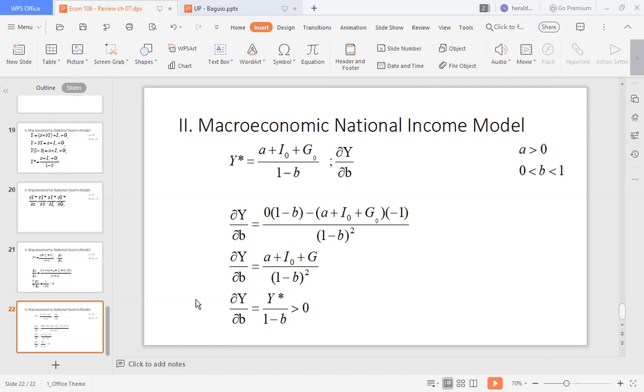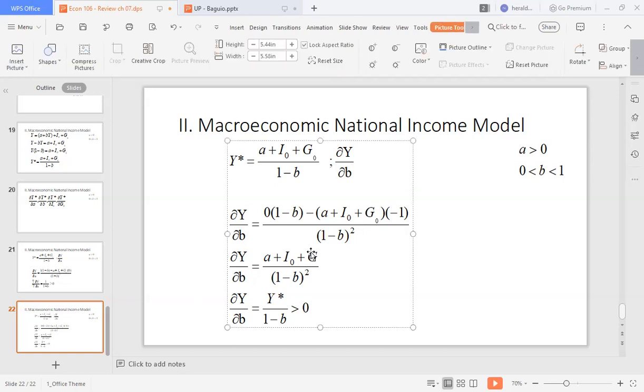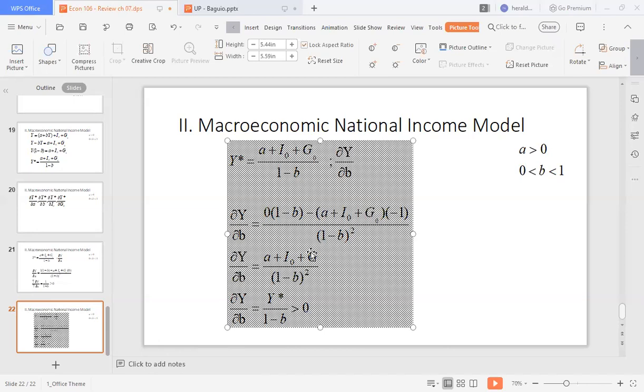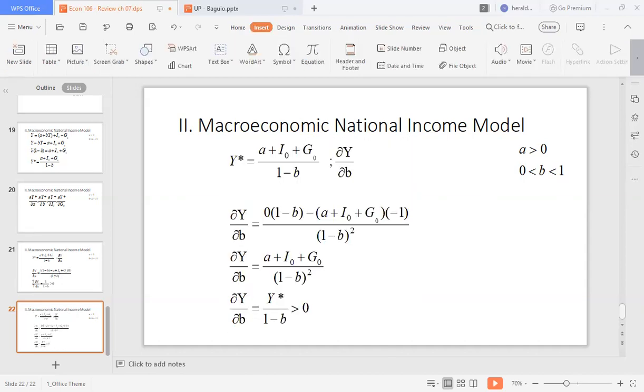Okay, so just to complete the comparative statics analysis for B here, again, we just use the same model and then we use the quotient rule. As you can see here, you can actually simplify this one because we will not carry this term over, since it is multiplied by 0.